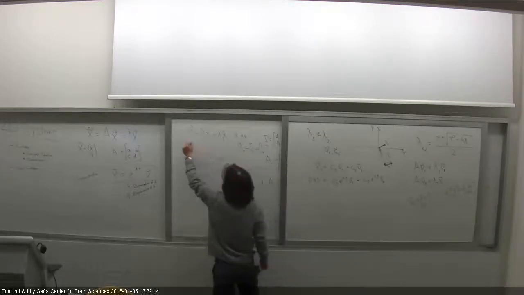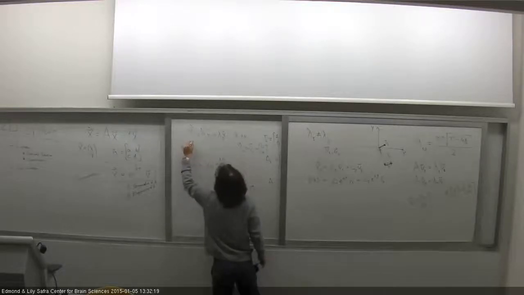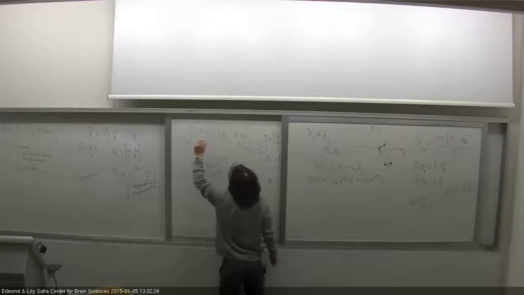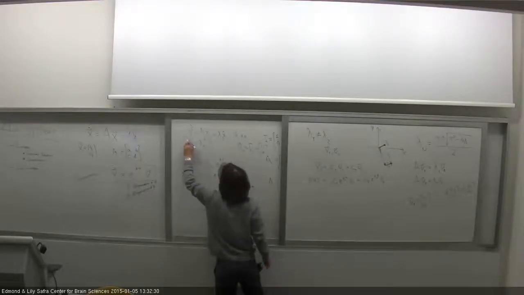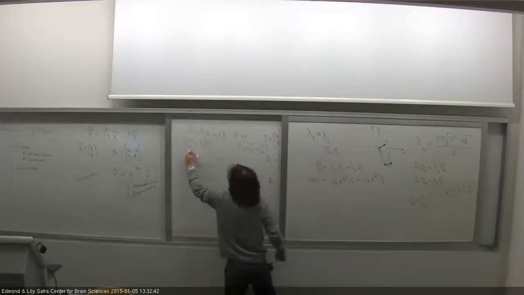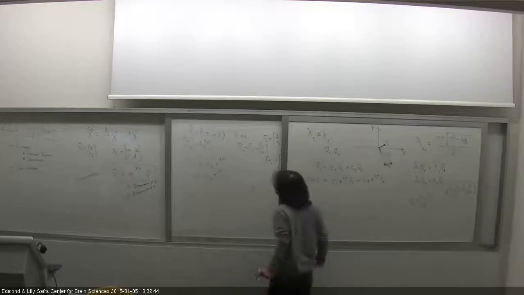So what I have here is like saying that x dot, y dot equals lambda 1 x, lambda 1 y, and my initial condition is this.